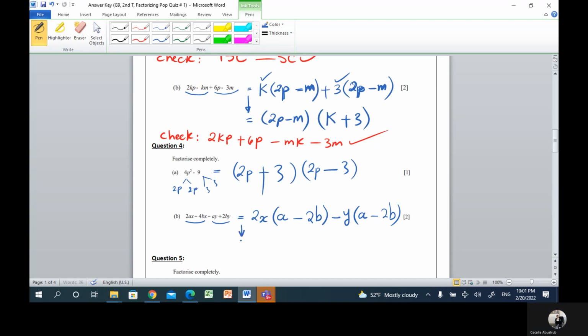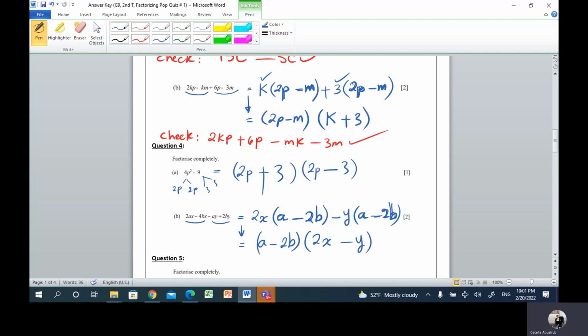Now, as you can see, the expression a minus 2b is common. So we're going to get out the a minus 2b, open a bracket here. What is left out? 2x minus y.